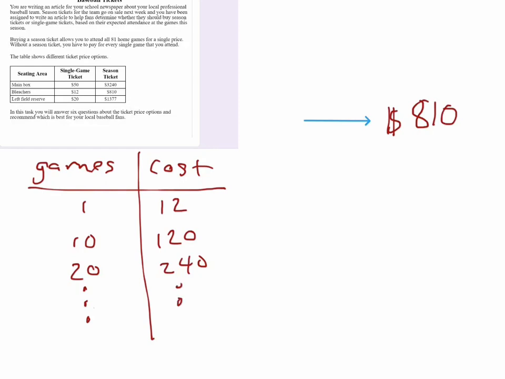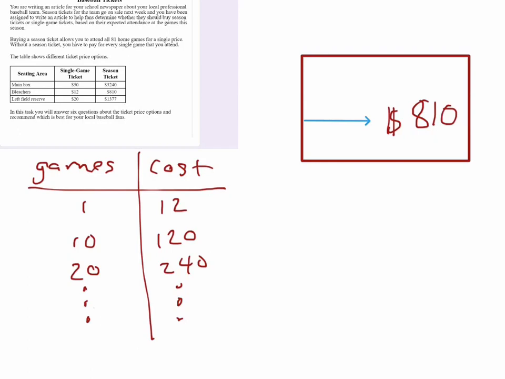So you need to figure out right when you get to this point. You need to find the exact game, though. So you're going to have to mess around and get really precise at the end. But this will work. The other way is to make an equation.